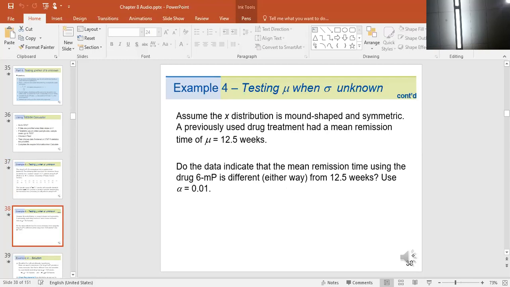Alpha equals 0.01. Can we compare P to alpha? Is P less than or greater than alpha? P is greater than alpha. So do not reject H0. Conclusion.